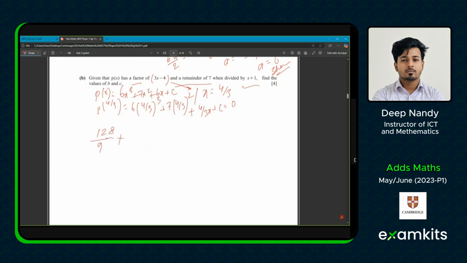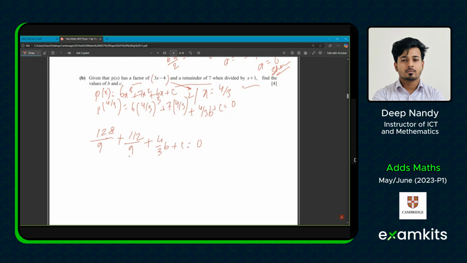Plus 7 into 4 by 3 whole square is equal to 112 by 9. 112 by 9 plus 4 by 3b, it's supposed to be b here, not x. 4 by 3b plus c equals 0.